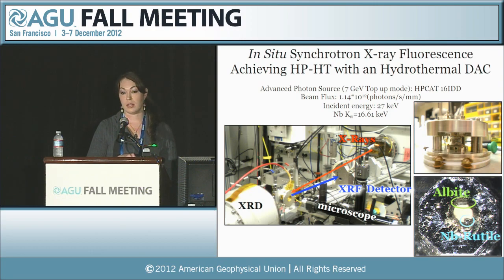The gold acts as an inert barrier for if we're using some fluid that is a HCl fluid or NaF fluid. It also acts as our way to determine pressure using X-ray diffraction of the gold. We place a niobium-bearing rutile crystal, and then we also place our desired fluid inside our sample chamber. And if we're doing experiments with albite, we add an albite crystal.